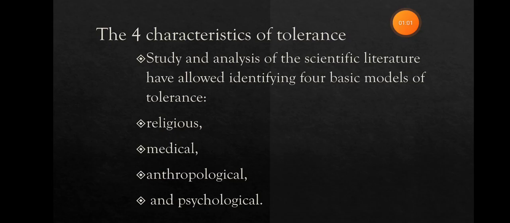The first slide shows the 4 characteristics of tolerance. Study and analysis of scientific literature have allowed identifying 4 basic modes of tolerance. In 4 areas, the people should be bold enough to show tolerance, especially in the religious area, medical field, anthropological, then physiological areas.